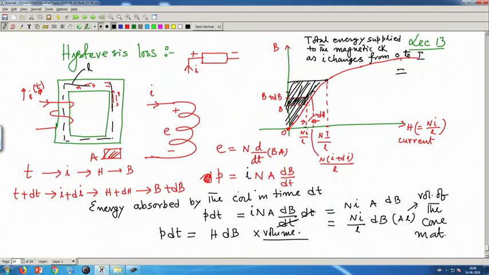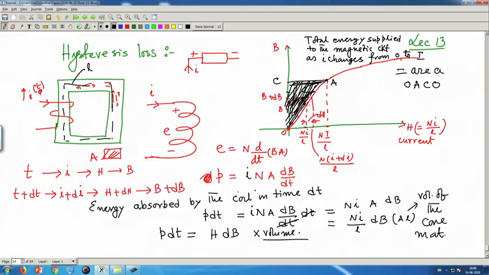So, if I write it 0 some A, this point let us call A C, then the total energy supplied to the magnetic circuit as I changes from 0 to I will be equal to area O A C O. This is the shaded area, that much energy we have supplied.